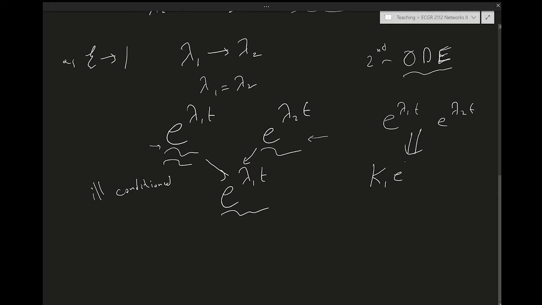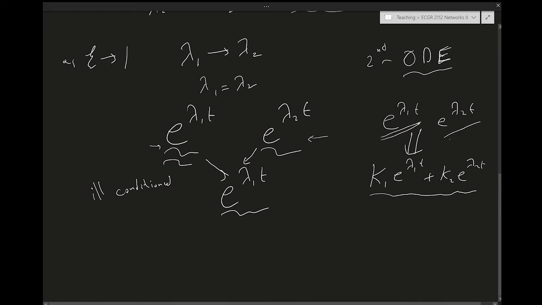It has the form k1 e to the lambda 1 t plus k2 e to the lambda 2 t, right? So that's a fact. Any second order ODE will have two distinct solutions, and you can build the general solution from those two distinct solutions, with a homogeneous equation.